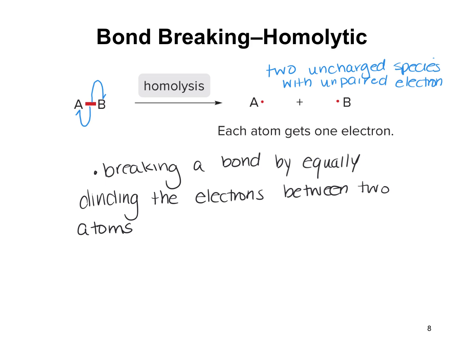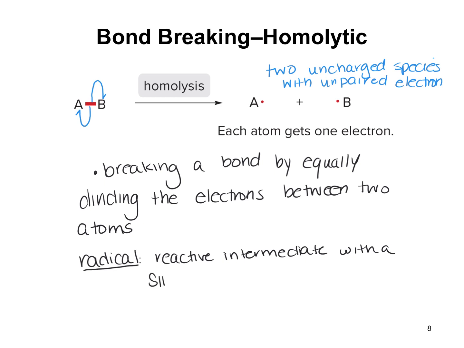I want you to remember we talked about this before, but when they have that unpaired electron, they are called a radical. That's just that reactive intermediate with a single unpaired electron.